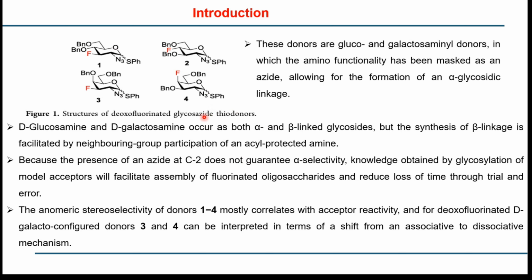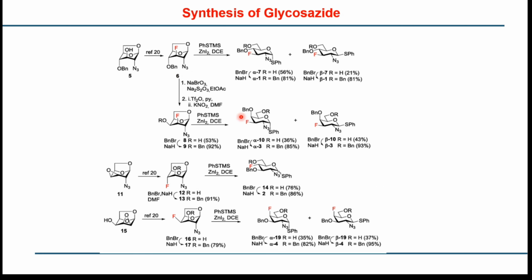In the case of glucose donor, the outcome will depend upon what intermediate will form. But in the case of galactose, along with the intermediate, the acceptor nucleophilicity also matters for the outcome of the stereoselectivity of the anomeric linkage.